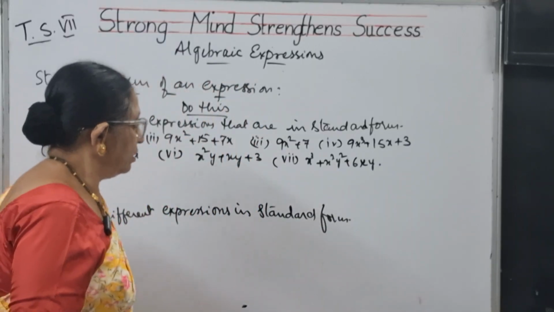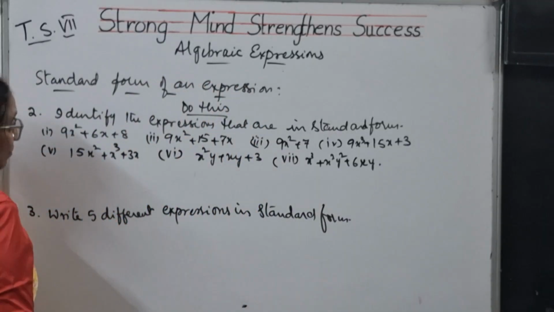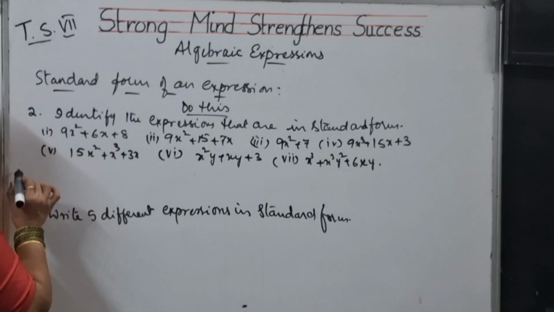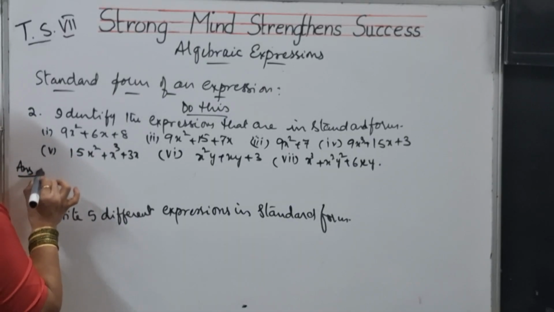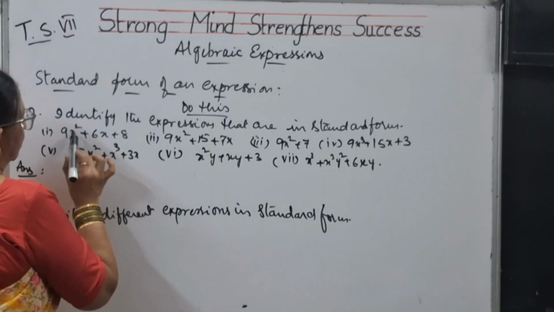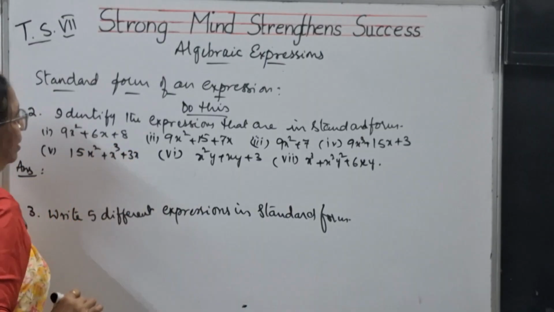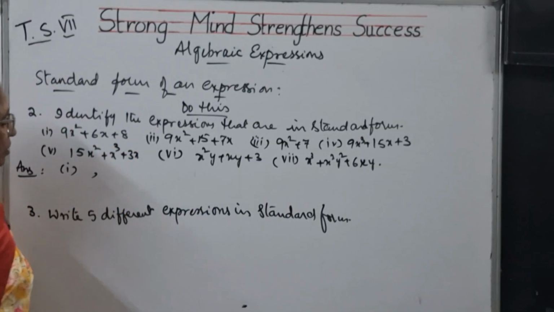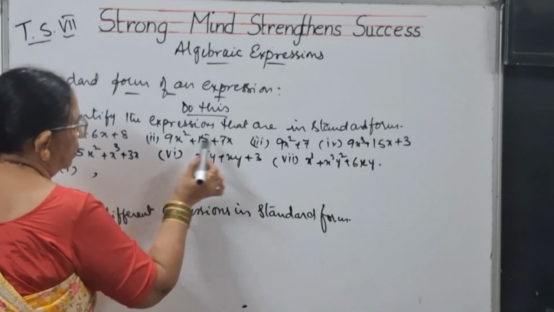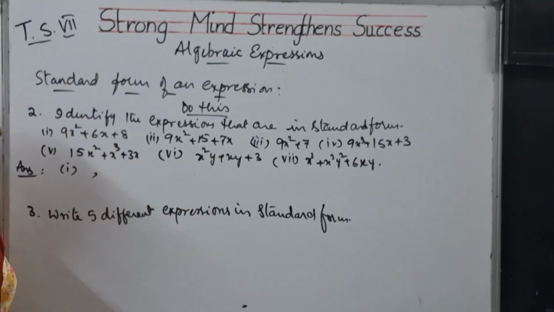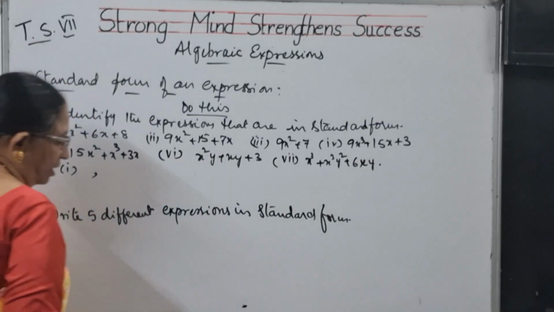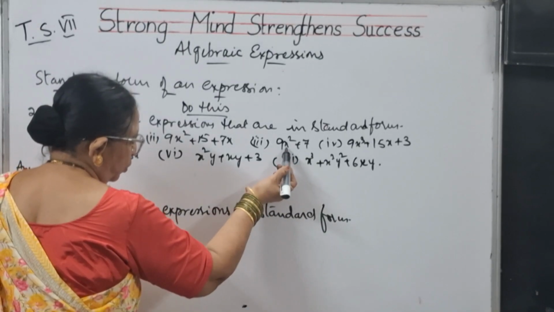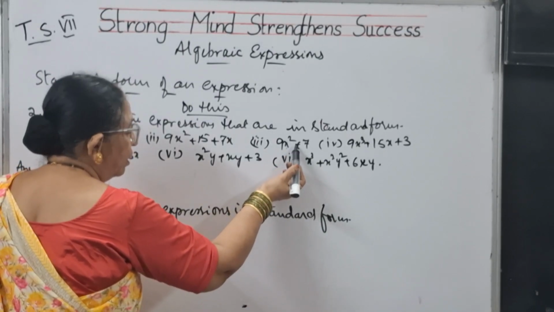So let us see the problems given to us and analyze whether it is in standard form or not. So the answer I am writing here, see children. First one, see x square, x, standard. So this is in standard form. First one is standard one. Second one, see they are not in an order, so we cannot consider it as in the standard form. Third one, of course, you have got some variable with some power.